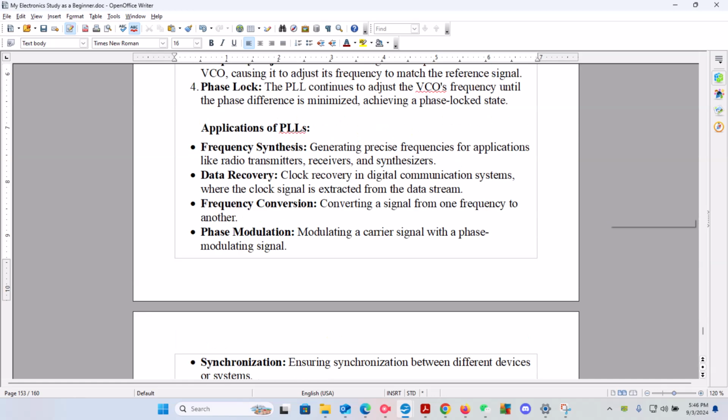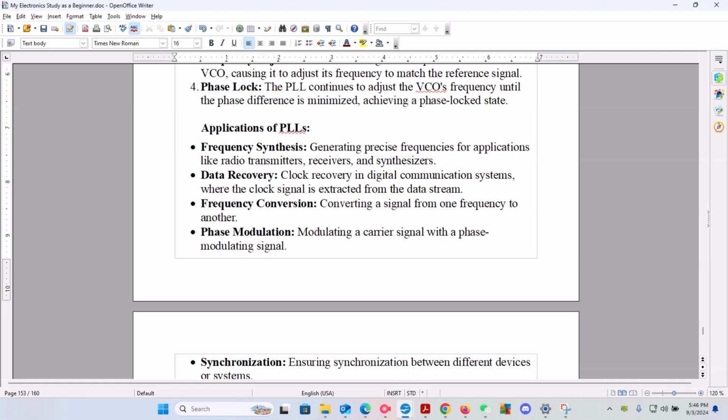Now let's talk about the applications of PLL. First of all, frequency synthesis, generating precise frequencies for applications like radio transmitters, receivers, and synthesizers. It's also used for data recovery, that is, clock recovery in digital communication systems where a clock signal is extracted from the data stream, which is a whole other topic, but we'll just talk about this on a basic surface level.